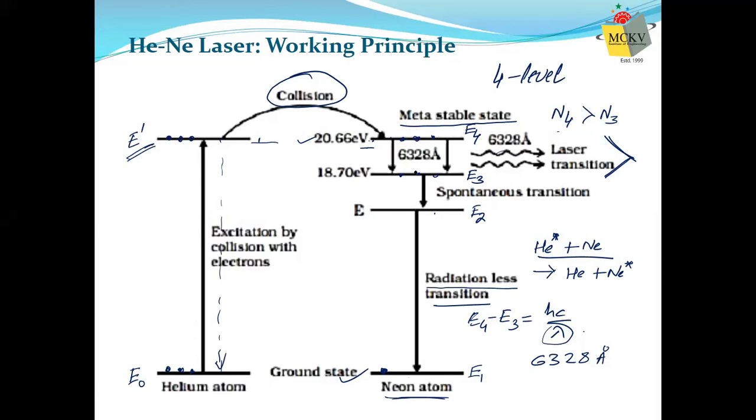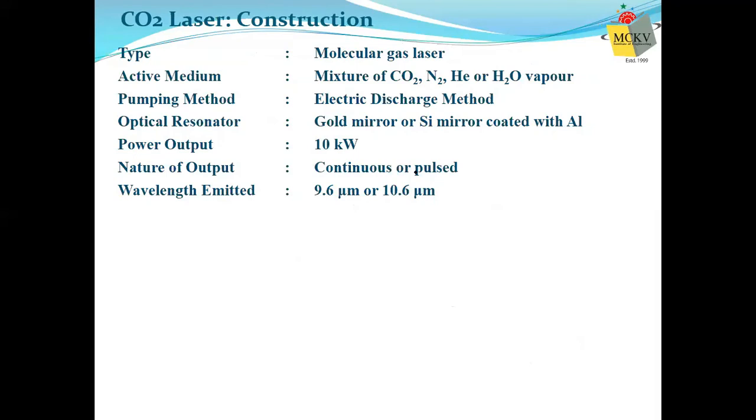Now the point is, helium neon is a very efficient laser, but the output intensity is not very large. So generally, helium neon laser cannot be utilized for cutting or welding purposes, where you require a very large intensity of light. For that, we require CO2 laser. Till date, the most efficient laser in the context of divergence, that means how directional the light beam will be, or in the context of high intensity, CO2 laser is the best.